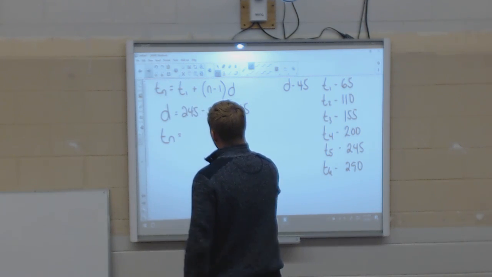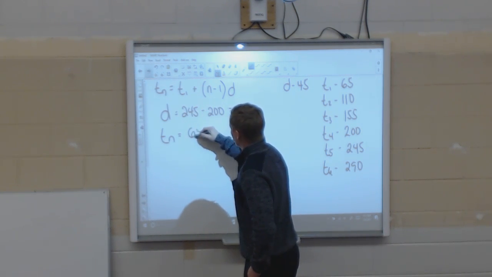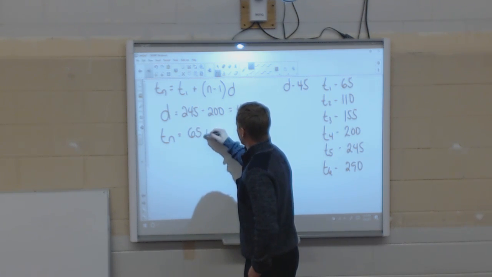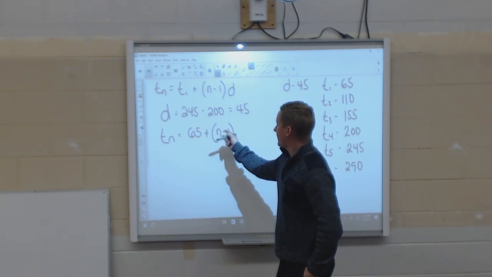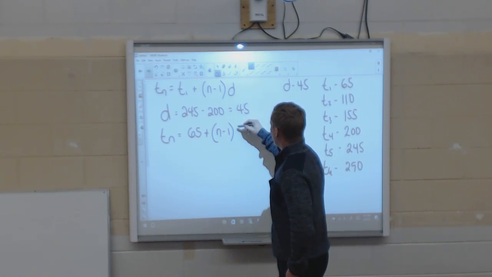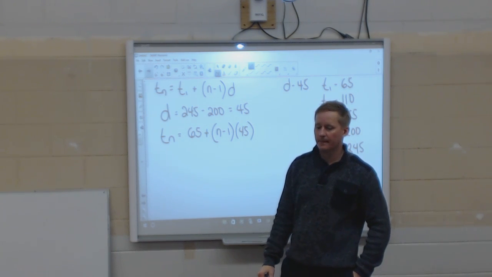So to find the general term in this, I need to know what my t sub 1 is, which is 65. This stays as n minus 1 because it just shows that I can put any term in here. And I times it by my d value, which is 45. Okay?